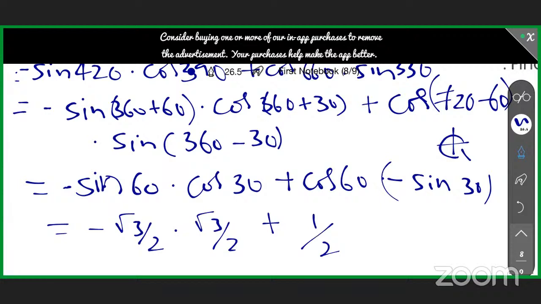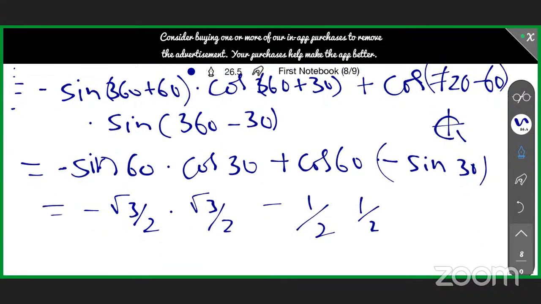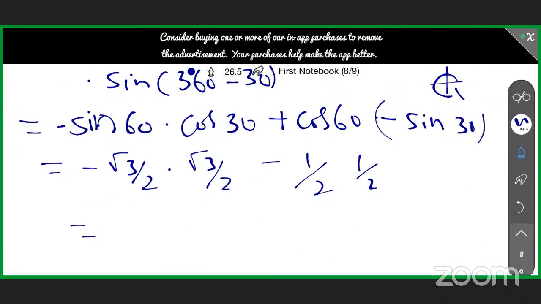So this will become minus. Sin 30 will be again 1 by 2. If you simplify, root 3 into root 3 is root 3 whole square, so square and square root cancel.